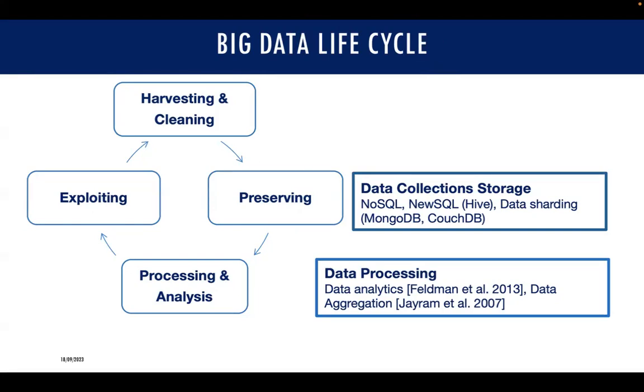And it is in this way that it is a moving and living element and not a static one. And then once you have processed and analyzed the data, you are going to exploit the results of this analysis, which will produce, again, more data that will be harvested, cleaned, and so on and so forth, forever, or until an event or some decision comes that stops the process.